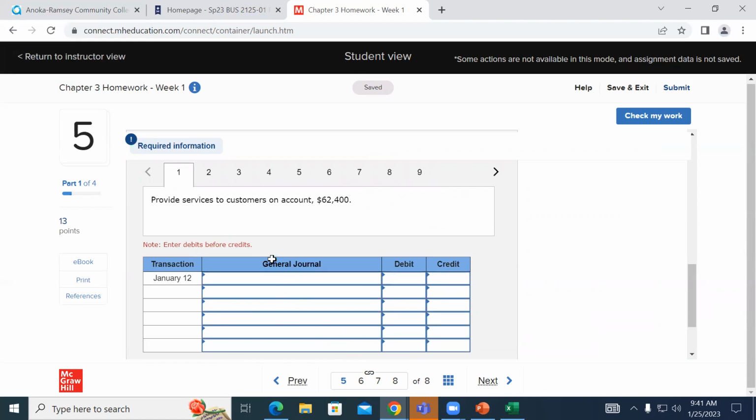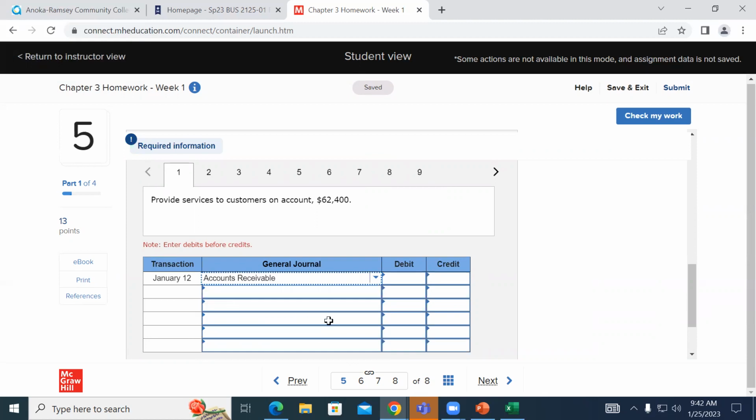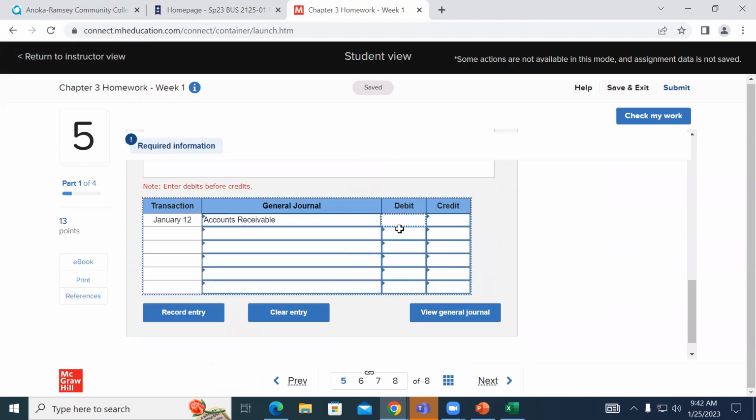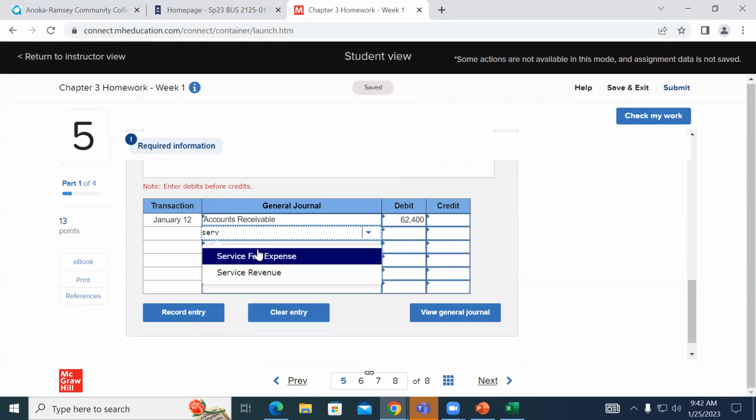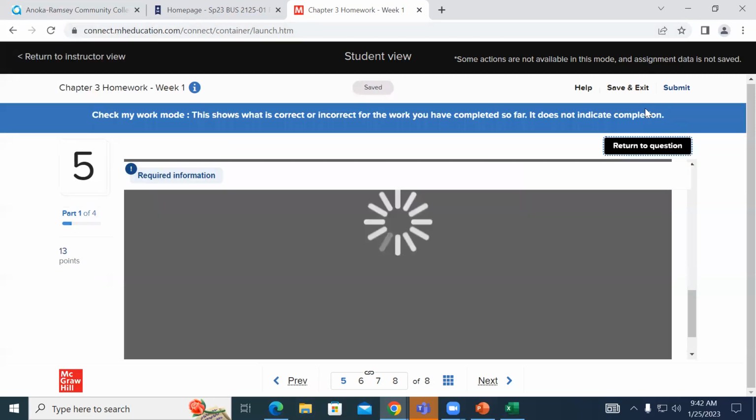We didn't receive cash, so cash isn't debited. But when we don't receive cash, what do we debit? Accounts receivable for $62,400. And what do we show here? Service revenue for $62,400. Always check your work.